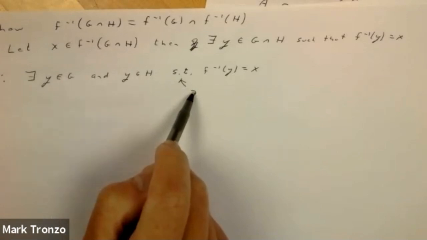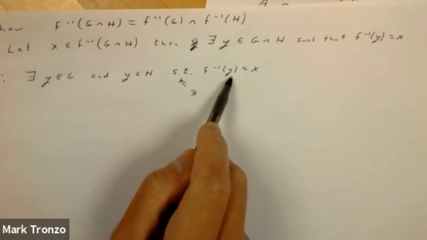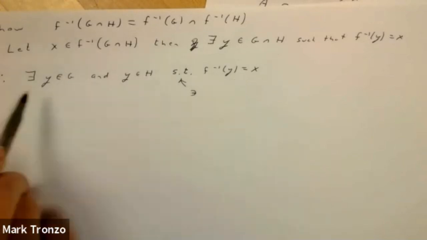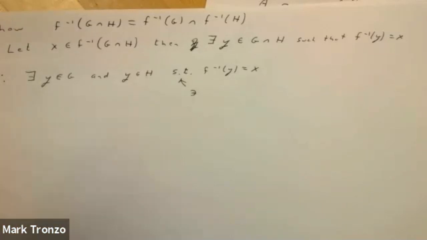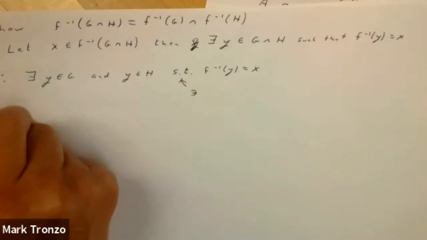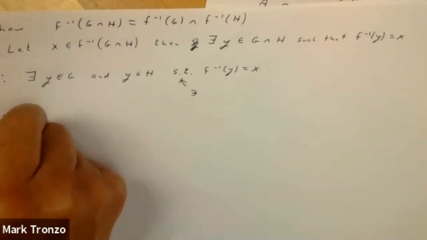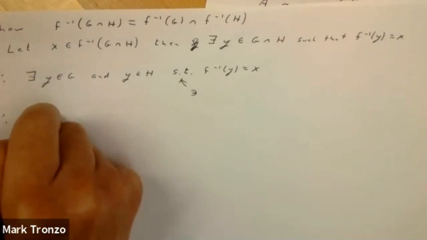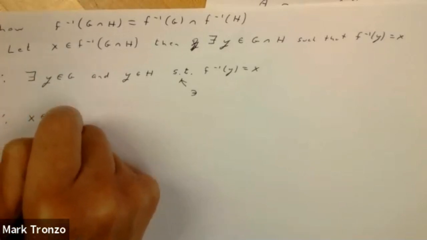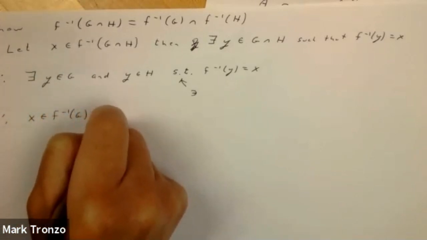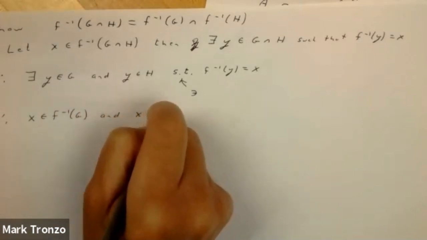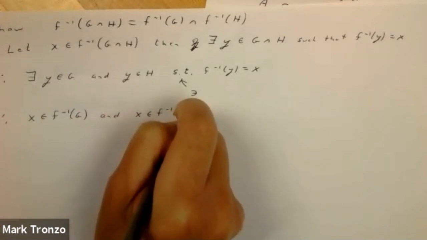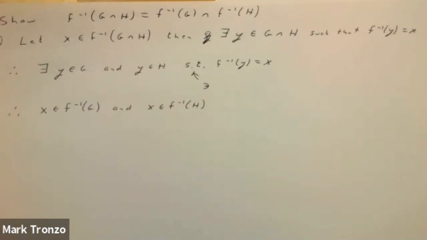And so now let's see. Yes, so such that f of x equals x. So once again, if this is true, then there exists a y. Therefore, x has to be in f inverse of G, and x is in f inverse of H, like this.